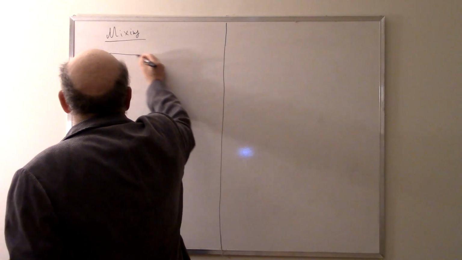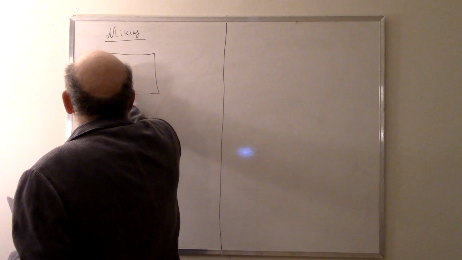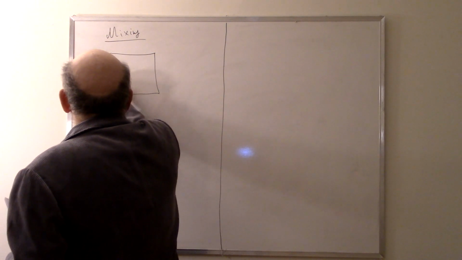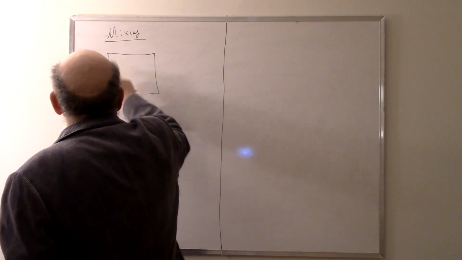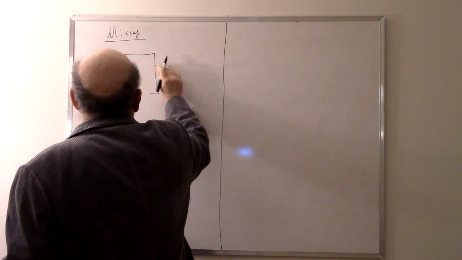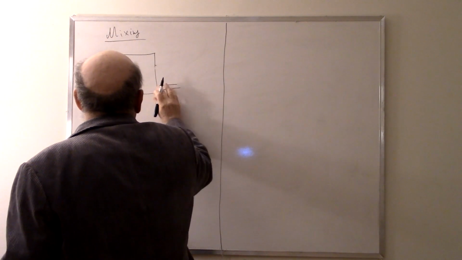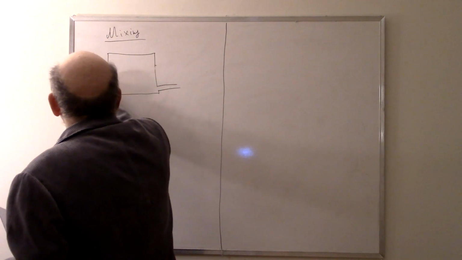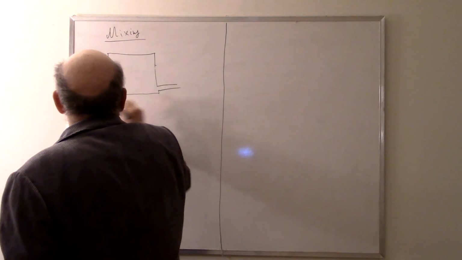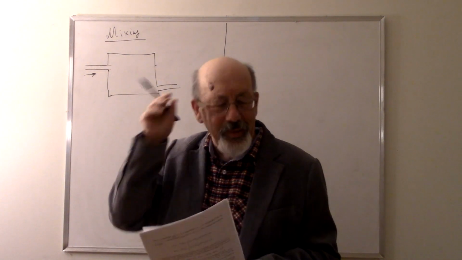We have a vessel which can be called a tank, yes? We have two pipes, one is going inside, other is going out. So let me draw it here. Here we have water with some solution of something, some additive.